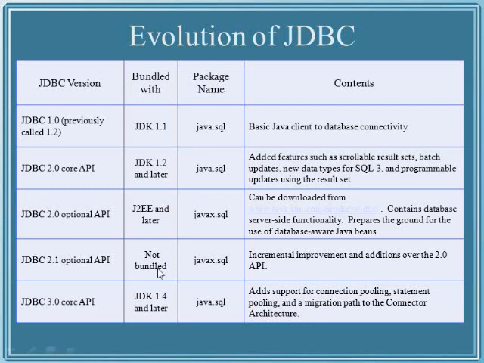With the version 2, additional optional APIs were introduced. These were introduced for J2EE, the very first version of enterprise JDK as such. And they had put this thing in javax.sql. These new drivers, or new things, were put there.